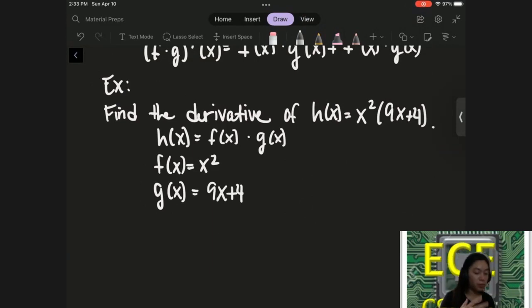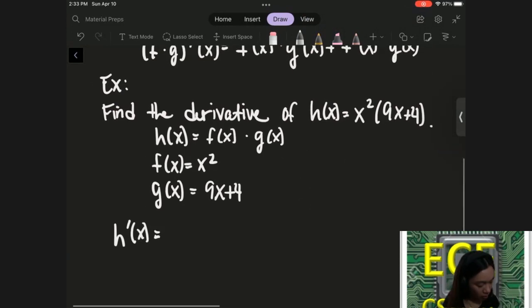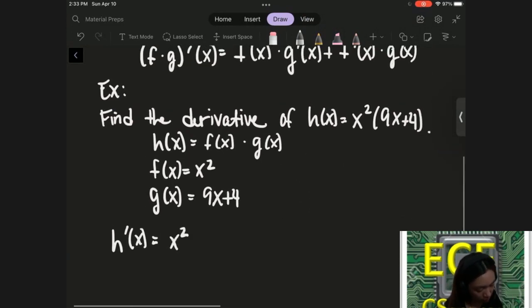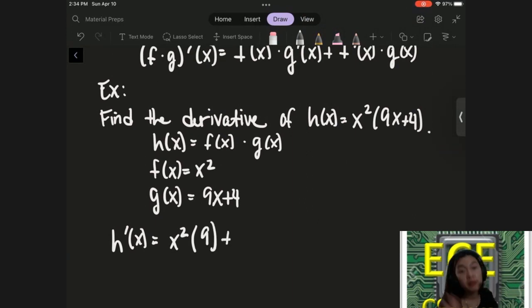So because it can be broken up into a product of two functions, we can just apply the product rule. So the derivative of h of x equals f of x, which is x squared, times the derivative of g of x. And to find the derivative of g of x, you use the power rule, which gives just 9. And then we do the derivative of f of x, again applying the power rule, that's 2x, in parentheses, times g of x, which is 9x plus 4.